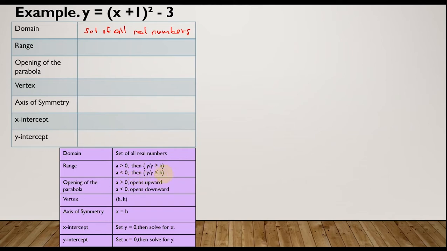equal to k. So looking at our example, a here is 1. Based on our formula for vertex form, y equals a quantity x minus h squared plus k, a is located here outside the parenthesis. Since we cannot see any number here, the value of a is 1.